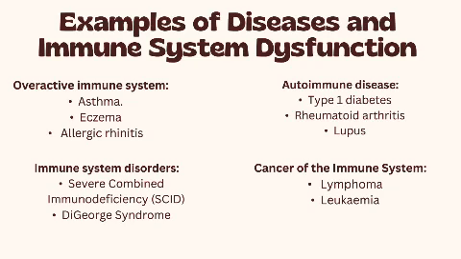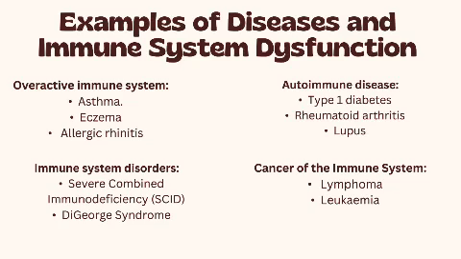2. An autoimmune disease. Autoimmune disease occurs when the immune system creates antibodies that attack its own healthy tissues. So, type 1 diabetes. The immune system destroys insulin producing cells in the pancreas, disrupting blood sugar regulation.